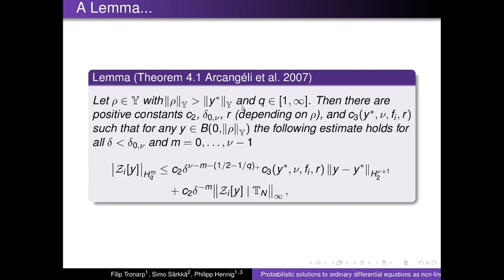norm than our solution, and then we can let some q be any number between 1 and infinity, then there are a bunch of positive constants such that for any y in the ball defined with radius defined by the norm of rho, the following estimates hold for all sufficiently small fill distances.